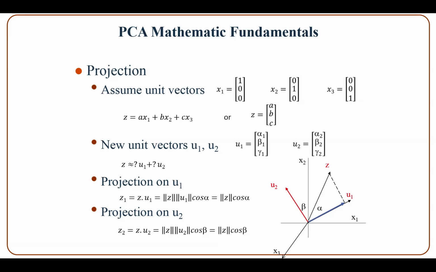Assuming that we have unit vectors x1, x2 and x3, a vector z can be expressed in terms of x1, x2 and x3. Now we have new unit vectors u1 and u2. We can express z in terms of u1 and u2, but how much? So the portion on u1, we say it's z1.